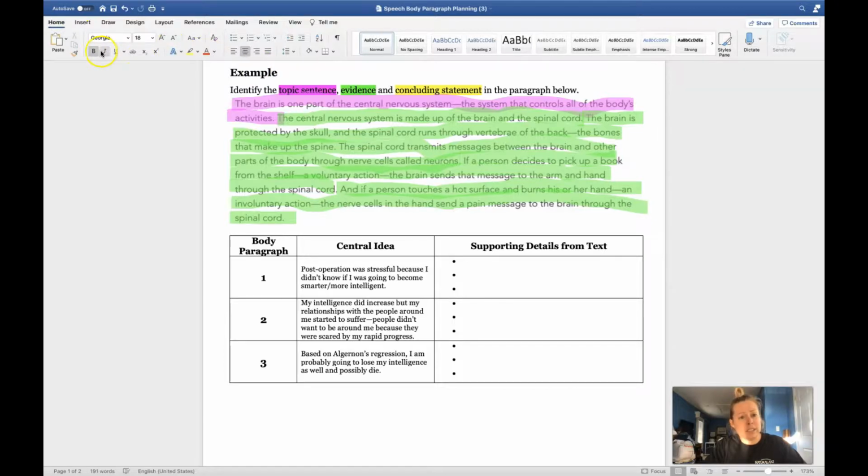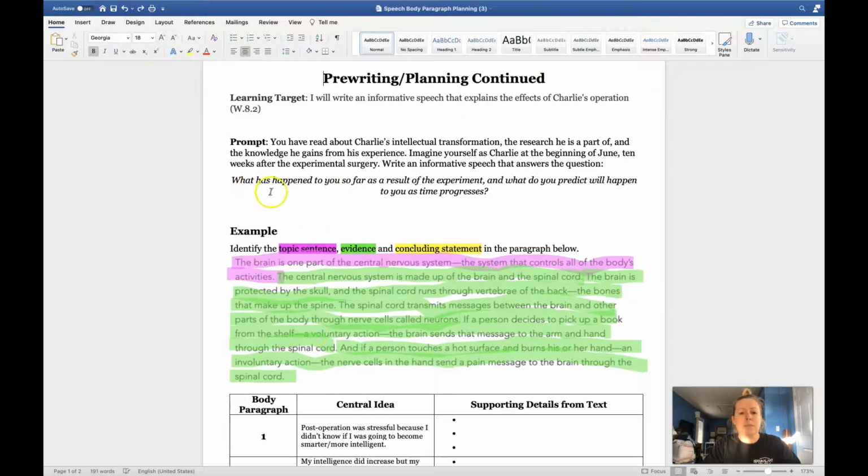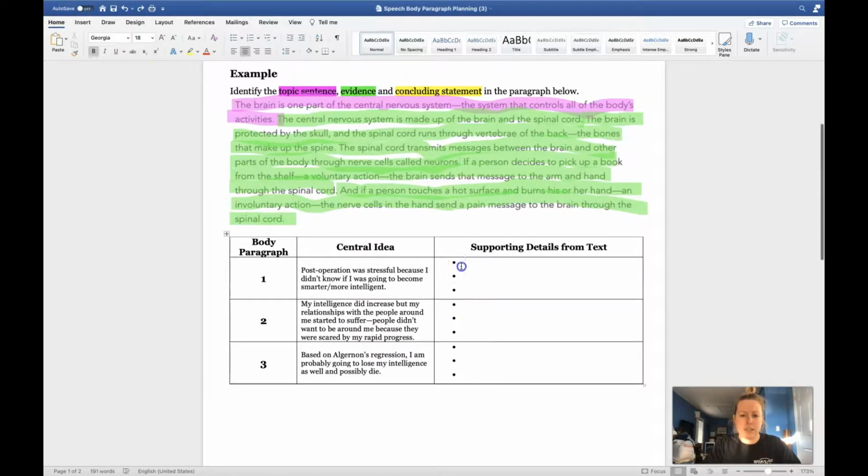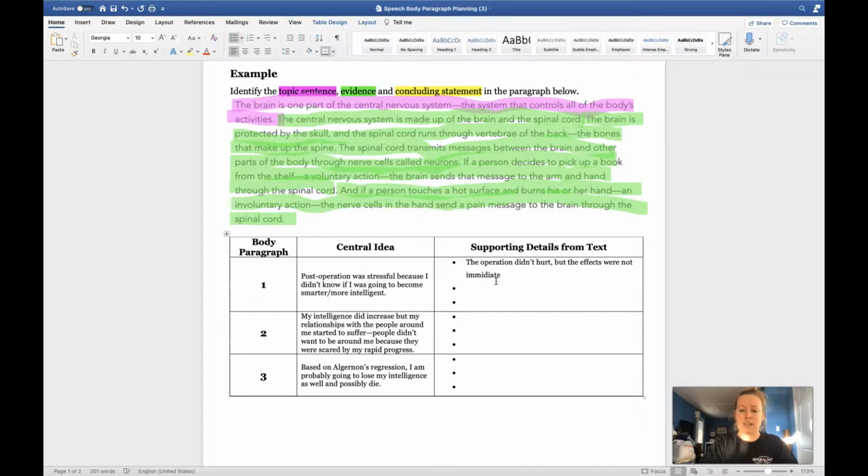So for example, something that you might remember from the text is Charlie saying that the operation didn't hurt, but the effects were not immediate. Was not instantly smart.